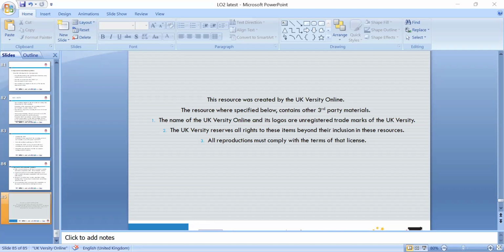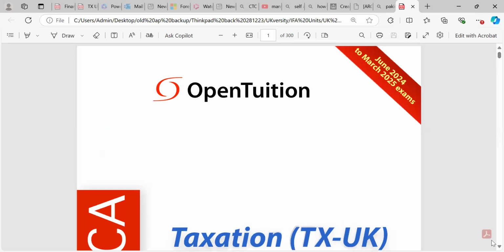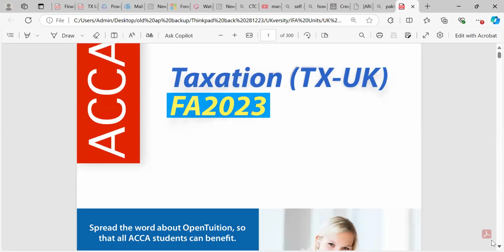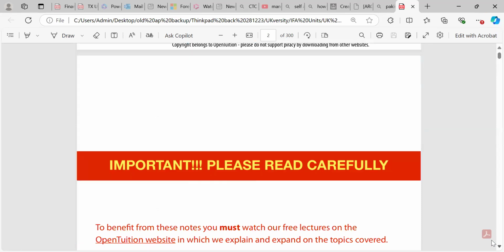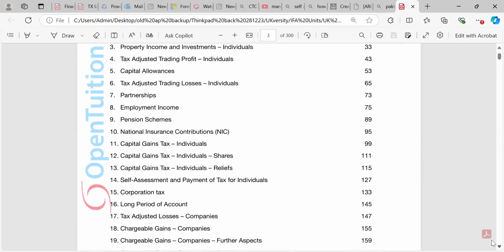So please look at the corporation tax, like we did in the individuals and businesses unit as well for the tax for the advance. You can look at the capital gain, yes, capital gains tax.